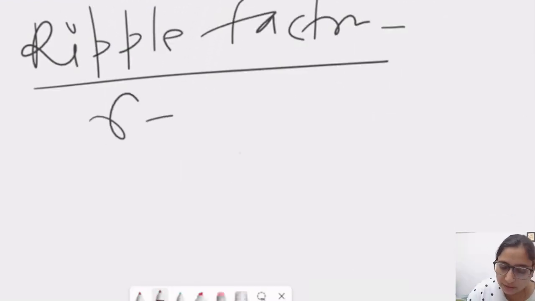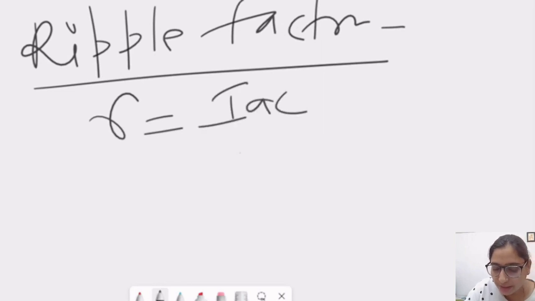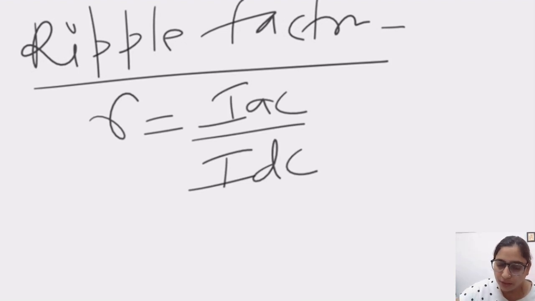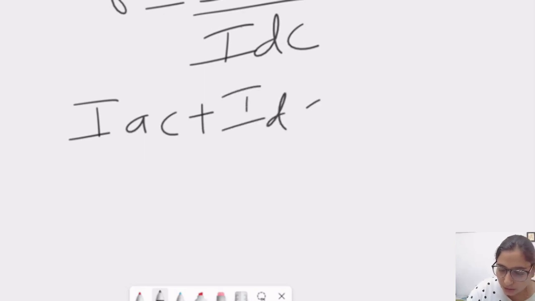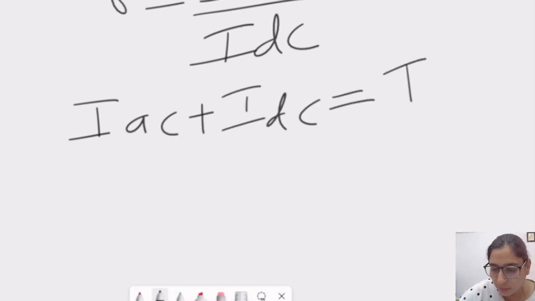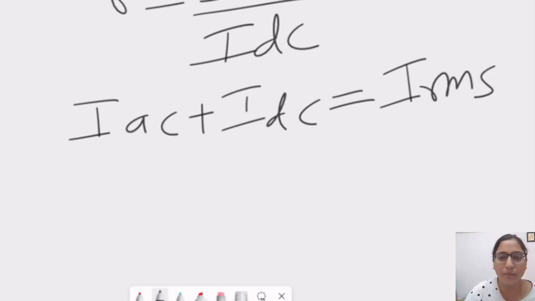So ripple factor is the ratio of the AC component present in the current over the DC component present in the current. Now we will further calculate. We know that IAC, the AC component, plus IDC, the DC component present in a particular current, is nothing but the root mean square current, or IRMS.